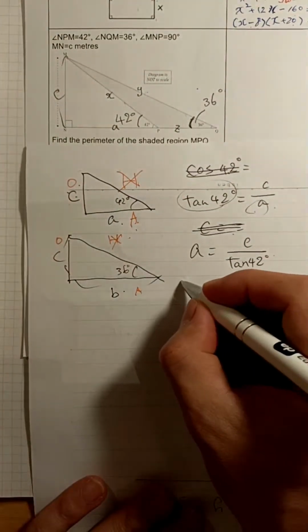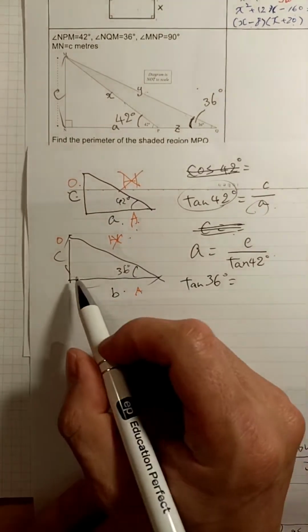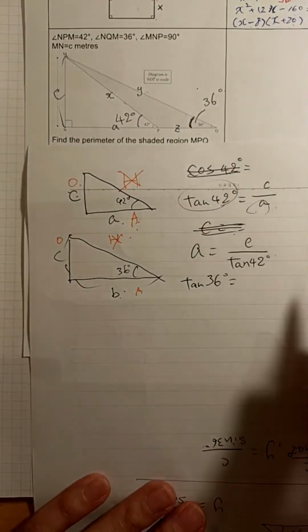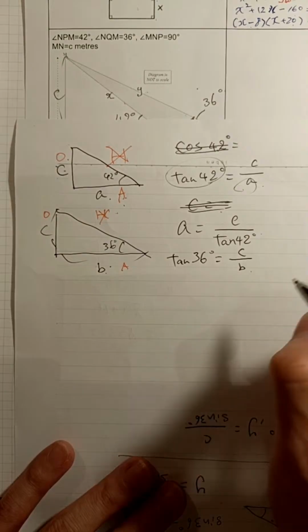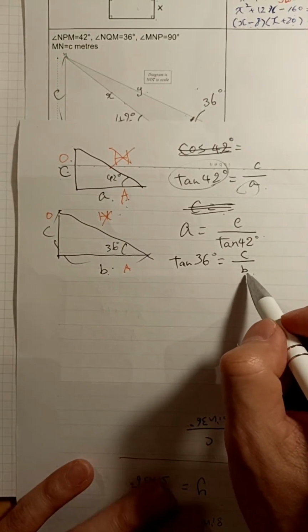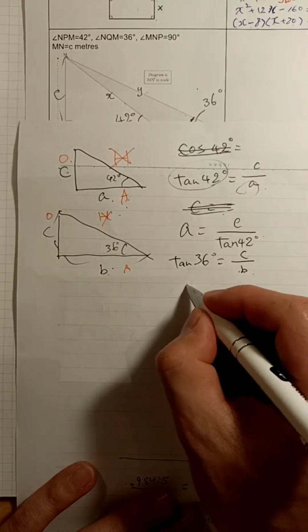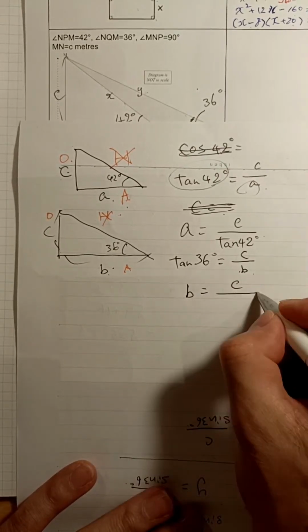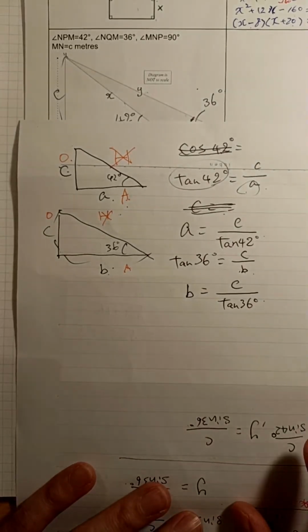So we are using tangent 36 degrees as this over this, so C over B. And now I want to figure out the value of B in terms of C and tangent, so that you just swap around. B equals C over tangent 36 degrees, okay?